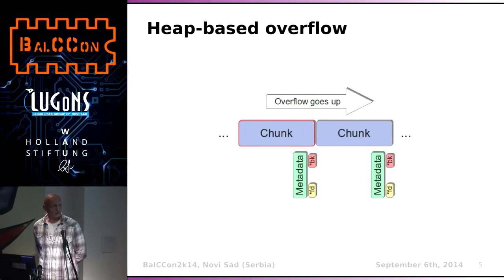In heap-based overflow, you are basically overwriting the adjacent chunk or chunks, and this is trickier to exploit than the stack-based. The thing is that you are targeting the metadata part.